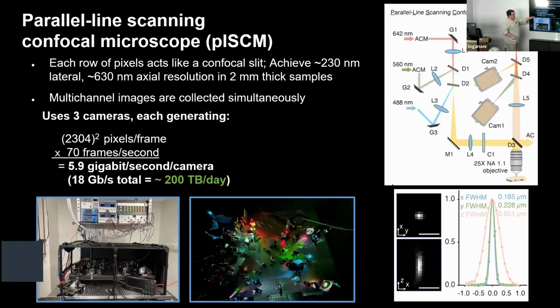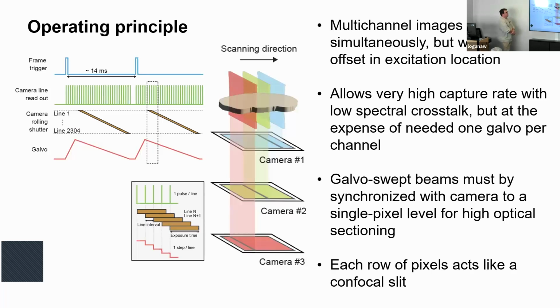When it's running full speed, it captures about 200 terabytes of imaging data per day, compared to a traditional confocal where the best ones capture less than a terabyte a day at full speed, and it's a very expensive model there. So, the principle here, and I won't belabor this as much because normally I'm talking to people who focus on microscopy, is that it has multiple cameras.